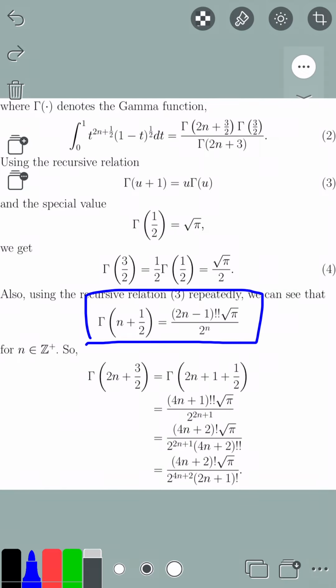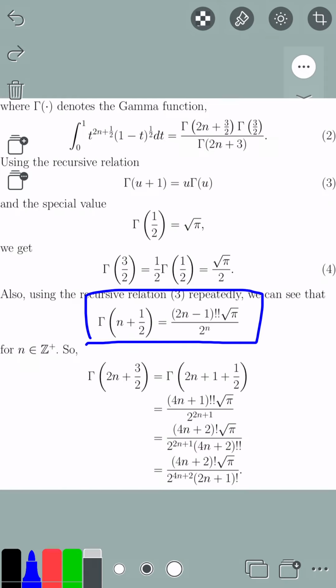So for positive integers n, well, the sum also includes n equals 0, but for now we only need to care about the positive integer values of n, so just 1, 2, 3, and so on. We will get to the 0 later.